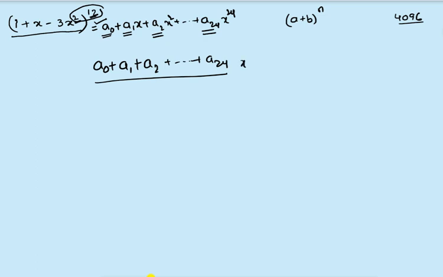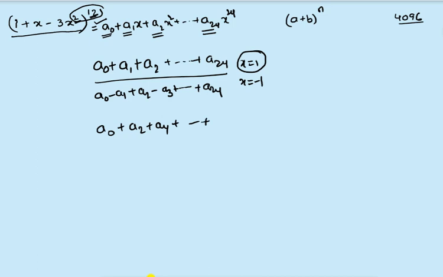If you put x equals 1, you will get the sum of all these coefficients. Similarly, if you put x equals minus 1, you will get a0 - a1 + a2 - a3 and so on plus a24. If you add these two, you can find a0 + a2 + a4 and so on plus a24.